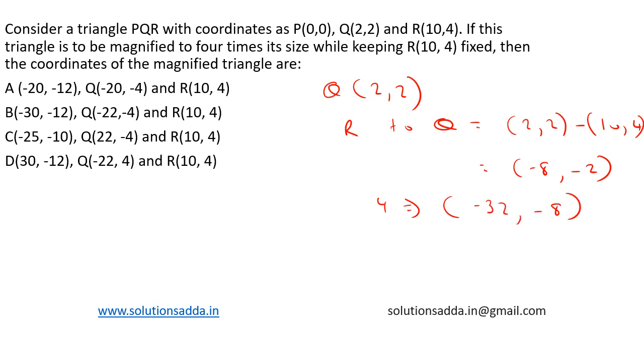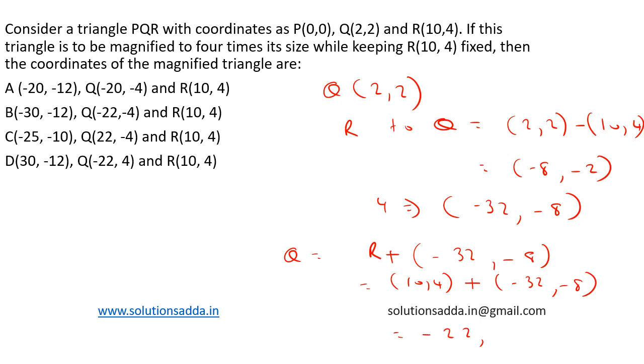Now the new position for the point Q can be calculated as R plus 4 times the particular distance, which is equivalent to (10,4) plus (-32,-8), which is equal to (-22,-4).